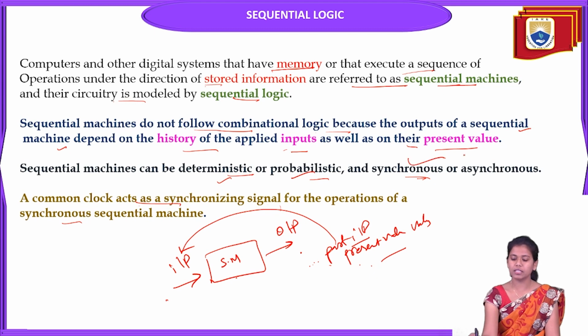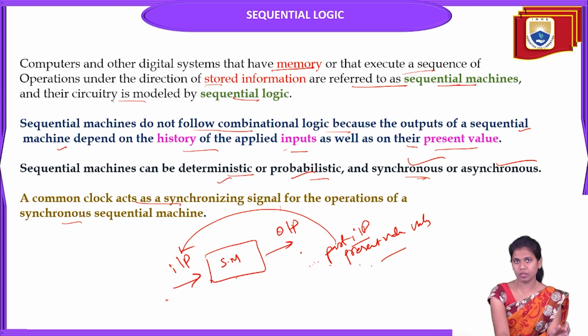So we have two kinds, synchronous and asynchronous. We call it a synchronous sequential machine when that particular device is accompanied with the clock signal, that is, when a common clock acts as a synchronizing signal for the operation of synchronous sequential machines.